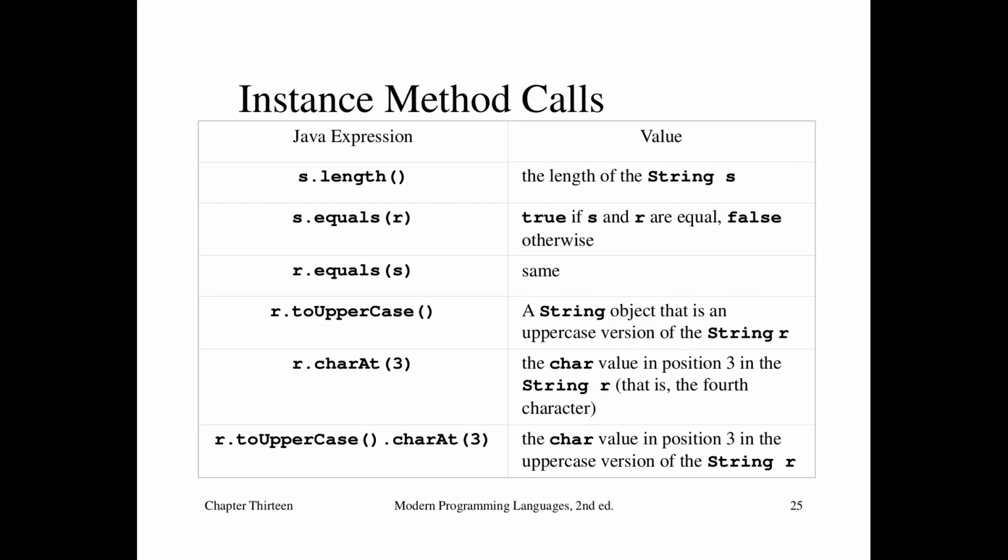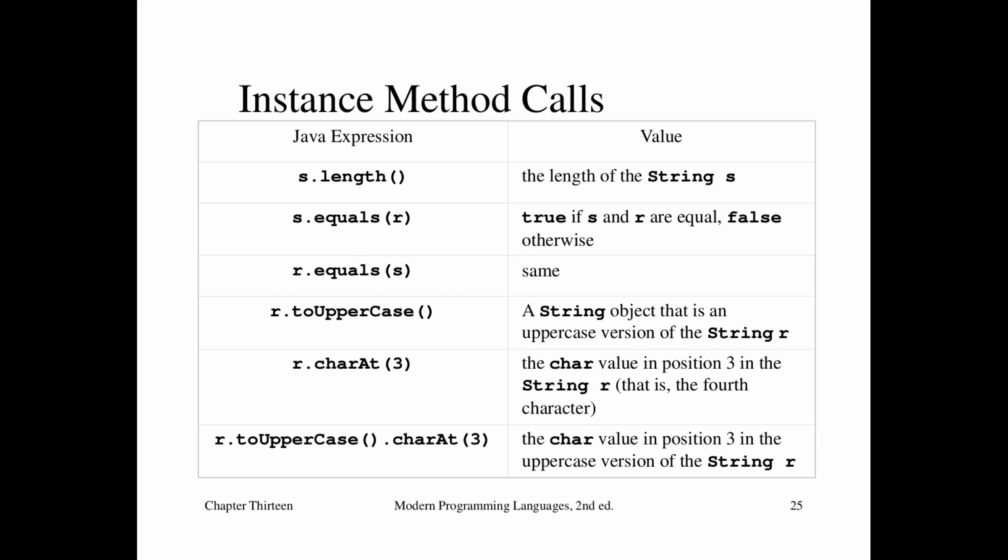Length just returns the length of the string. s.equals(r) returns true if s and r are equal, false otherwise. r.equals(s) returns the same thing. r.toUpperCase returns a new string that is the uppercase version of the original string, but it's brand new. It doesn't modify the object on which it was called.